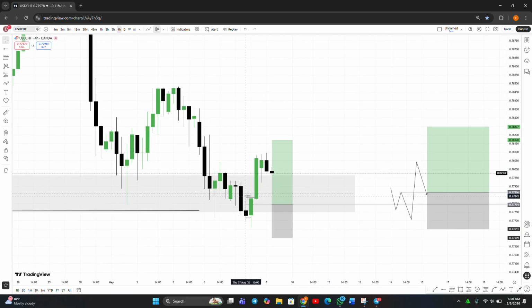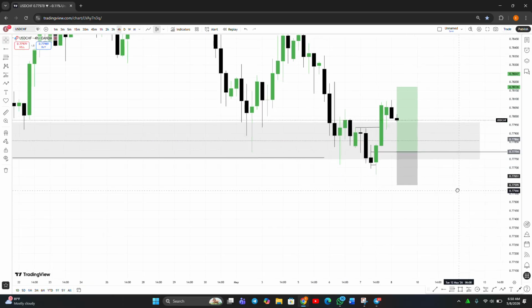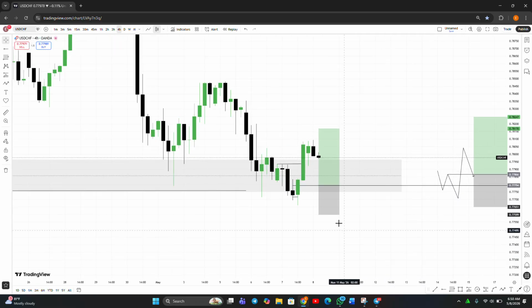So now looking at the 4 hour, this is a break of structure, right? And this is more like a stop hunt. That is, price took out this low and went to break the structure.